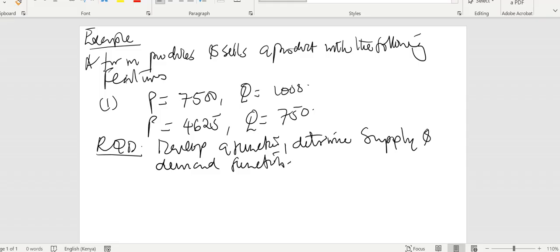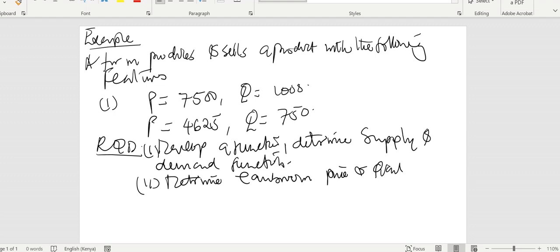Roman 2: determine the equilibrium price and quantity.